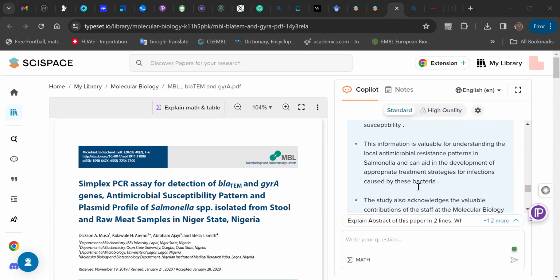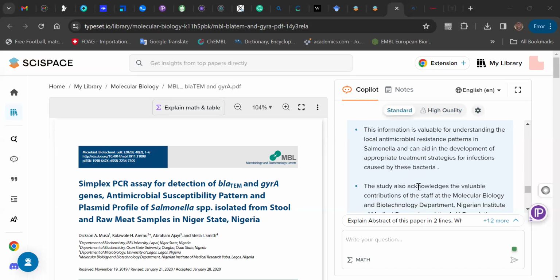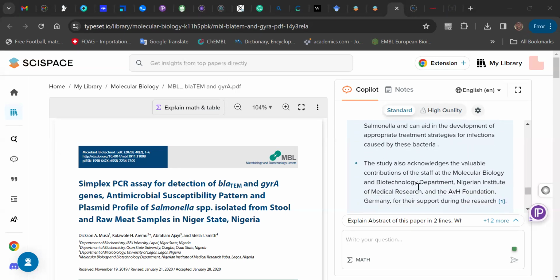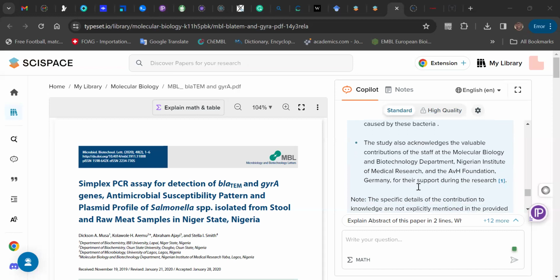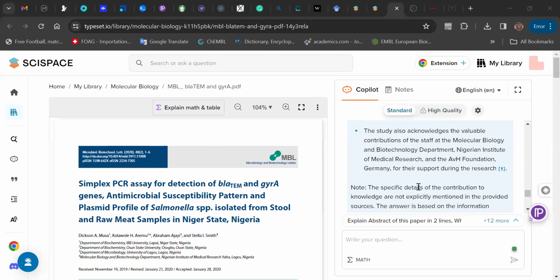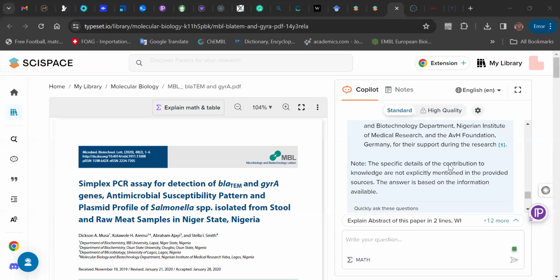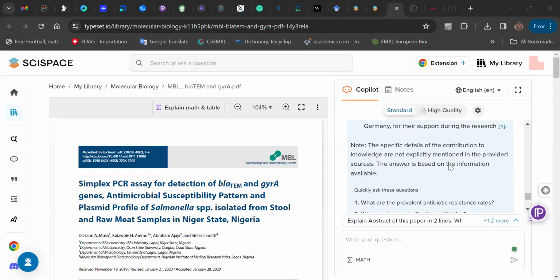The information is valuable for the understanding of local antimicrobial resistance patterns in Salmonella and can aid in the development of appropriate treatment strategies for infections caused by this bacteria. The study also acknowledges the valuable contribution of the staff of the Molecular Biology and Biotechnology Department, Nigerian Institute of Medical Research, and Alexander von Humboldt Foundation. That one is not important, but yeah, that's the contribution to knowledge.